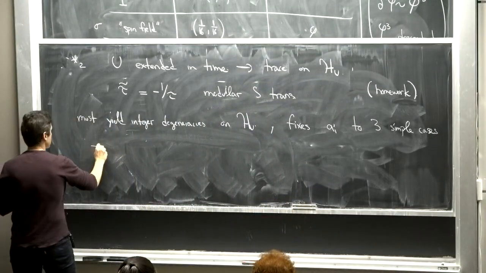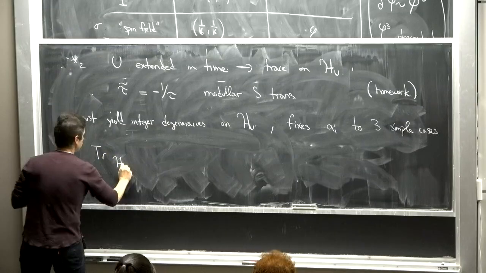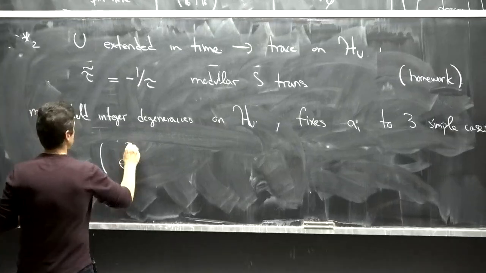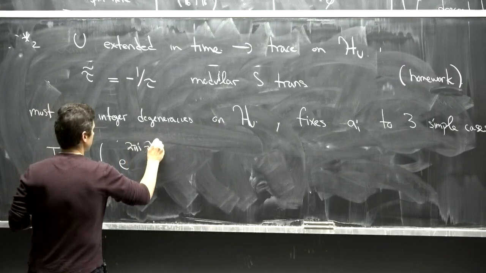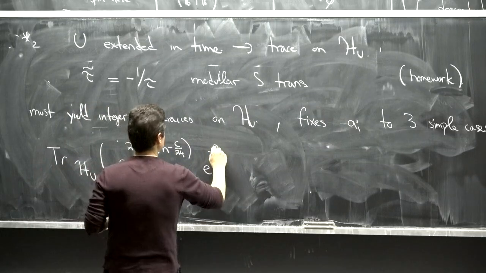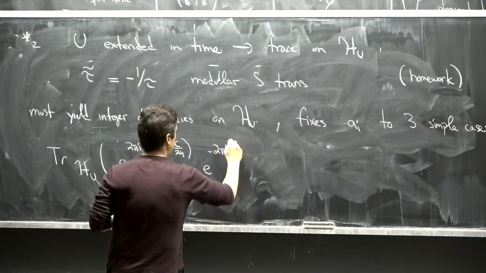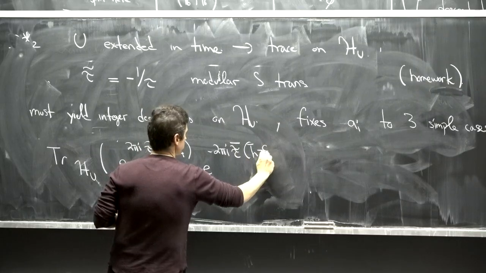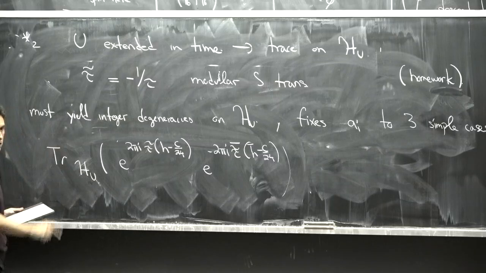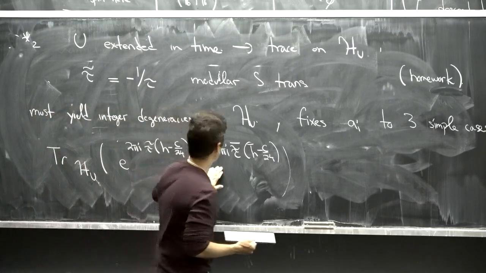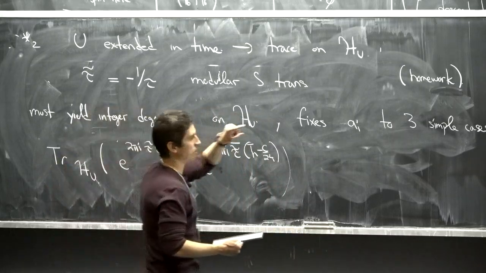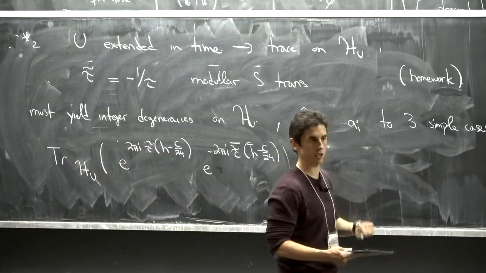It's a trace on H_u, where u appears now, of e to the 2 pi i tau tilde (h minus c over 24), e to the minus 2 pi i tau tilde bar (h bar minus c over 24). So now there's no explicit insertion of u. It's just here. This function has to, first of all, have integer degeneracies when I expand it out. And second of all, it has to be equal to that function when I do the modular transformation.